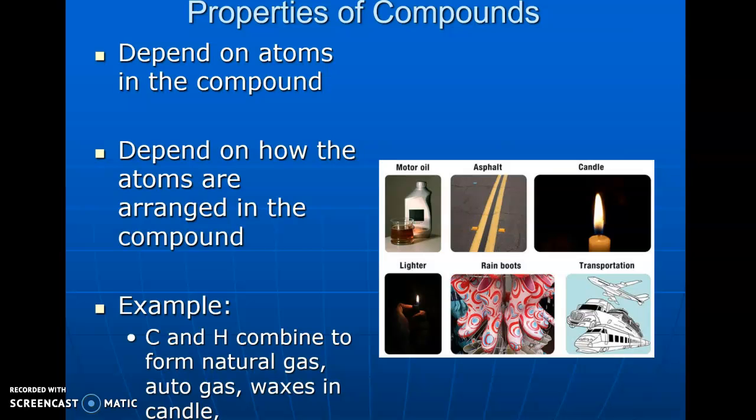For example, carbon and hydrogen can combine in, I don't know, hundreds, possibly thousands of different ways and have very, very different properties. So just the two elements, carbon and hydrogen, can give us things like natural gas, methane.